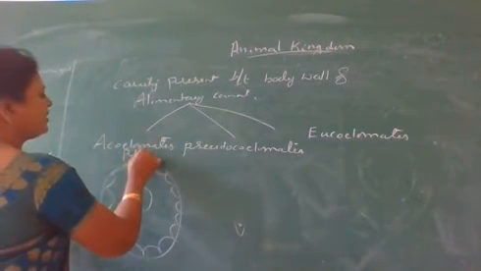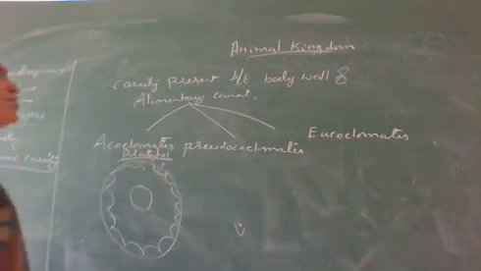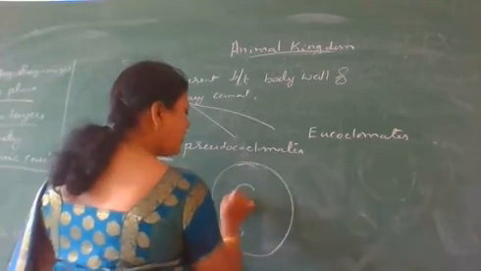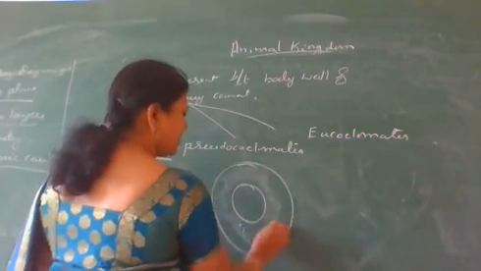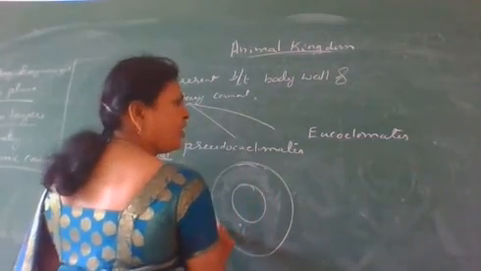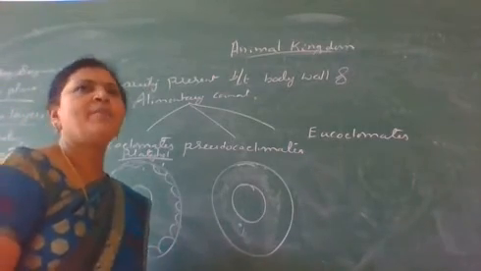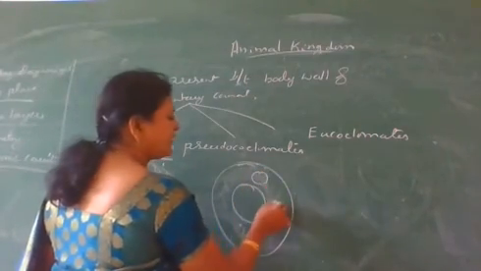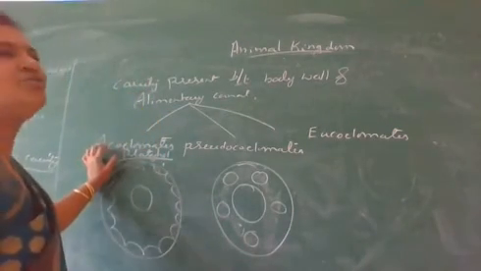This is the case in Platyhelminthes, flatworms. Pseudocoelomates are those animals having a body cavity between the body wall and alimentary canal, but it is not lined with mesoderm; the mesoderm is scattered in the form of pouches.